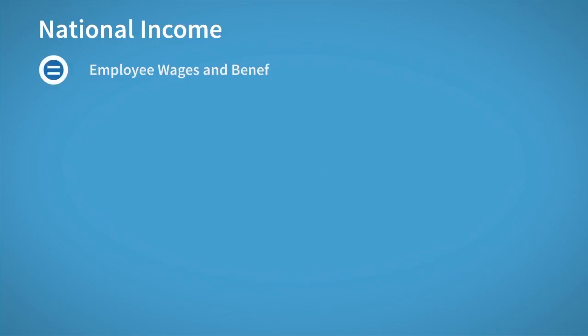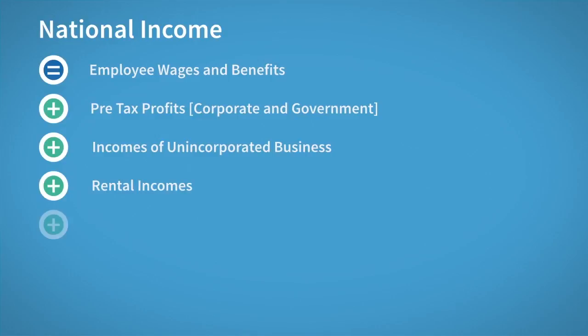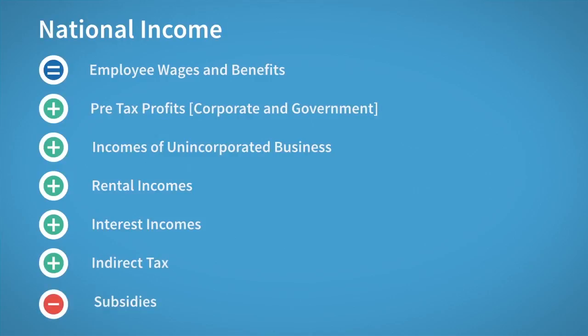This will include wages and benefits earned by company employees, the pre-tax profits of corporations and government entities, the incomes of any unincorporated businesses, rental incomes, interest incomes, and then adjustments for taxes and subsidies. Now, why are we adding in taxes?